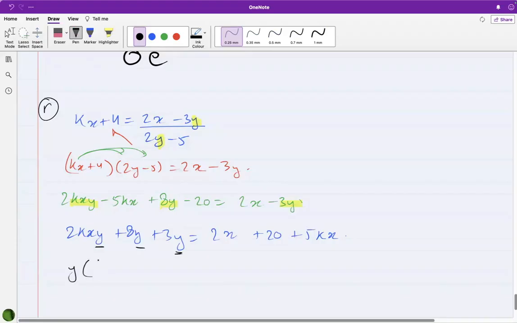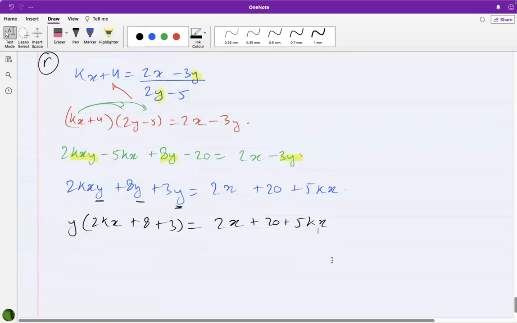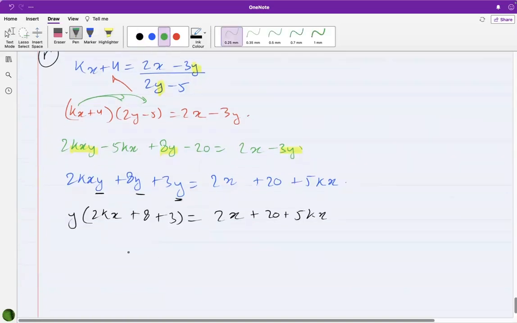When you take out y, you're left with 2kx plus 8 plus 3 is equal to 2x plus 20 plus 5kx. Now I'm going to divide the complete bracket. y is equal to 2x plus 5kx plus 20, and before dividing, I'm looking at this, which is 11.